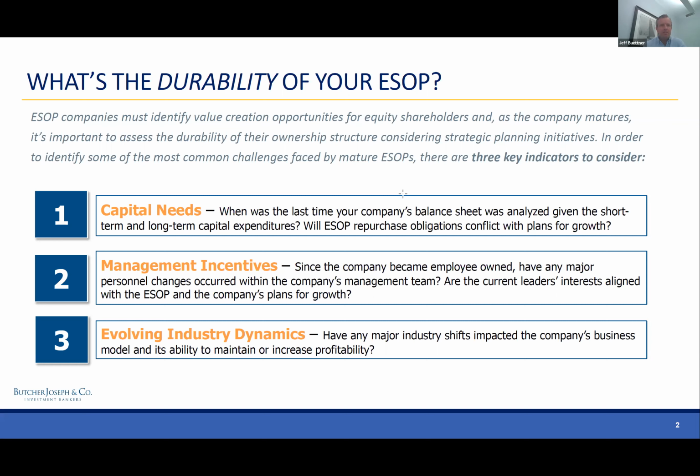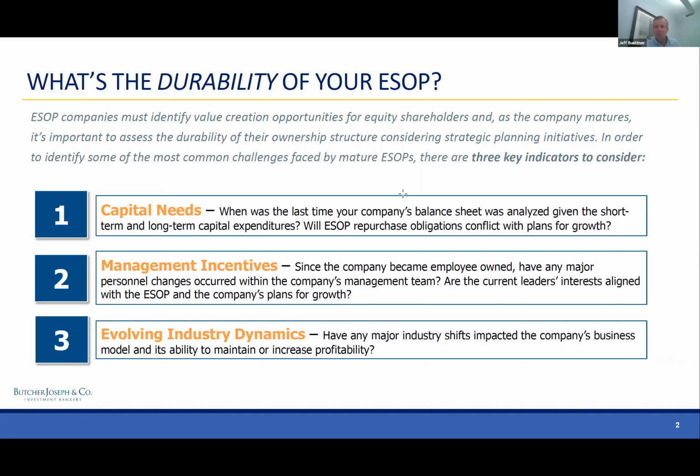It's a logical question to ask for a lot of companies that have been living in the ESOP ownership structure for a longer period of time, typically 10 years or more. Ten years prior, you did your initial ESOP transaction.